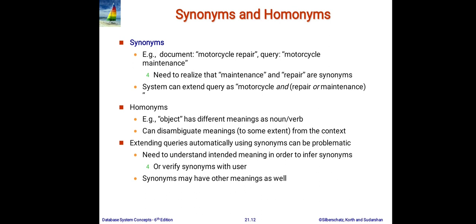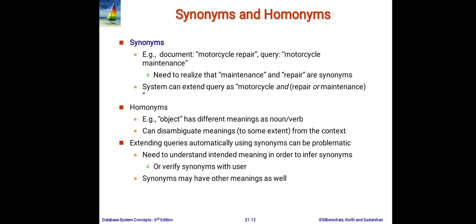Maintenance and repair are similar words to each other. At that time we have to understand how information retrieval will take place. So synonyms are a group of words which are similar in meaning, or of some similar type, like motorcycle repair or motorcycle maintenance. That is the concept of a synonym.